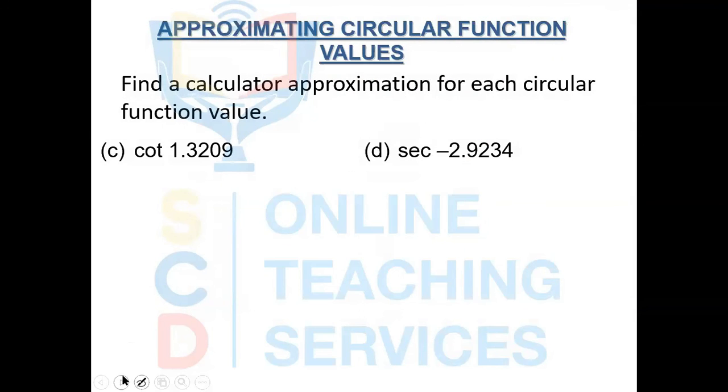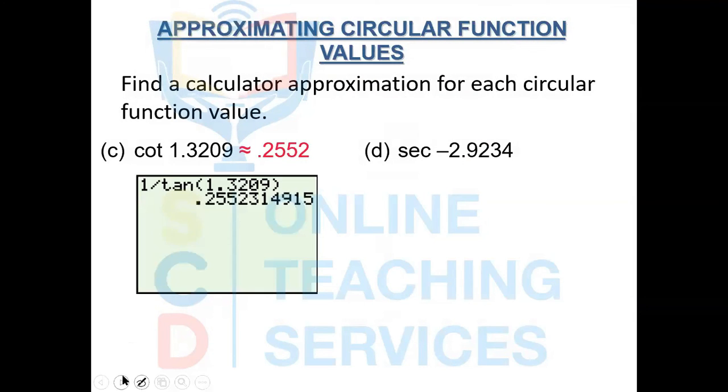So again, what is your answer? Approximately 43.368. That is because it is not in radian measure. That is the reciprocal of 1 all over tangent of 1.3209.